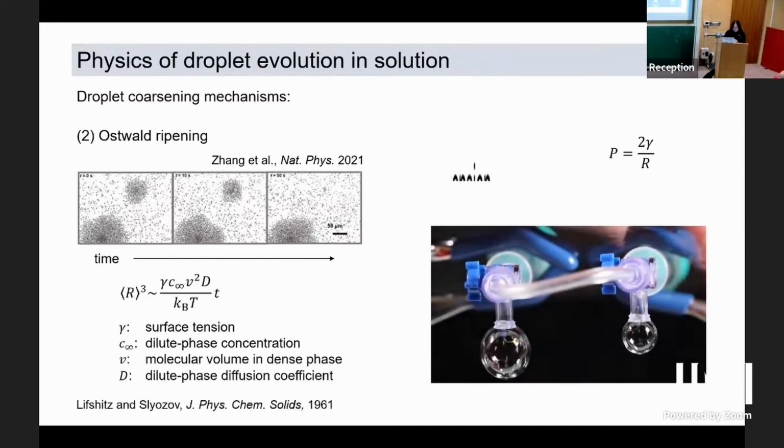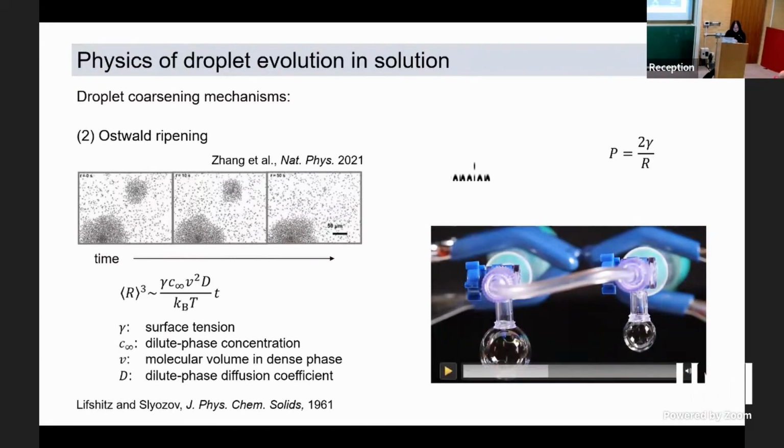So now, this derivation is even earlier, from 1961. Essentially, the derivation tells us that droplets undergoing Ostwald ripening also have a linear time dependence for their average size cubed.